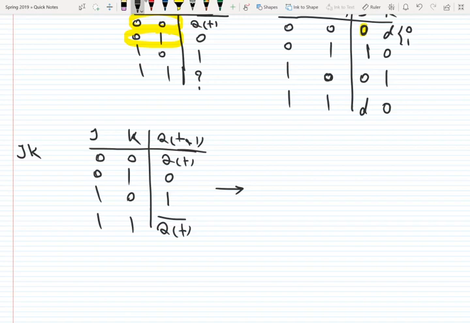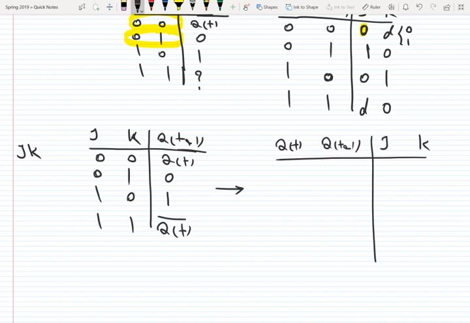So let's just reverse this table to find the excitation table. Okay, so let's say we have Q of t here, Q of t plus 1 here, and we want to find J and K. So 0, 0, 0, 1, 1, 0, 1, 1. It says that under which conditions the Q of t, which is 0, will remain 0.